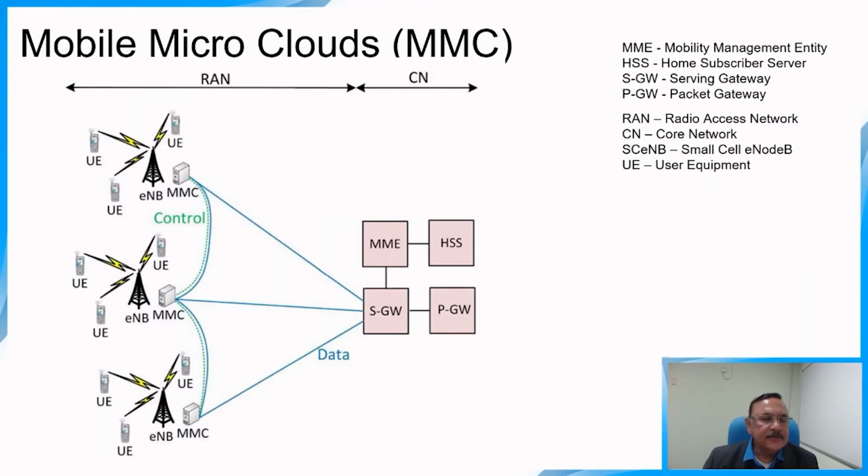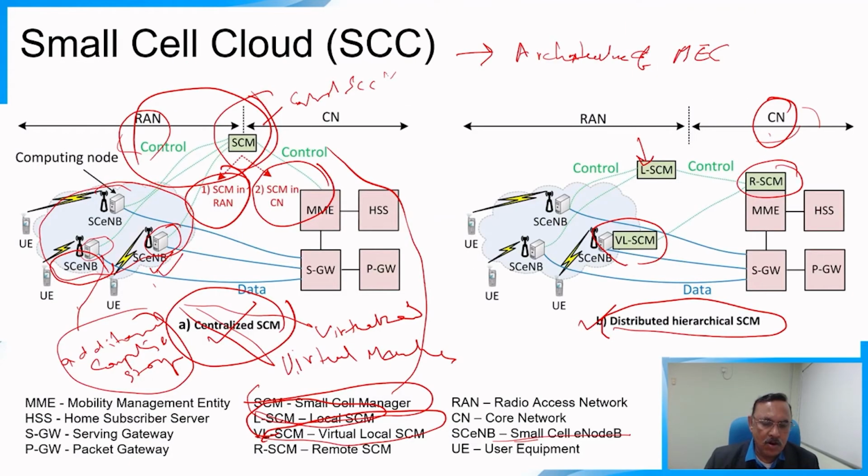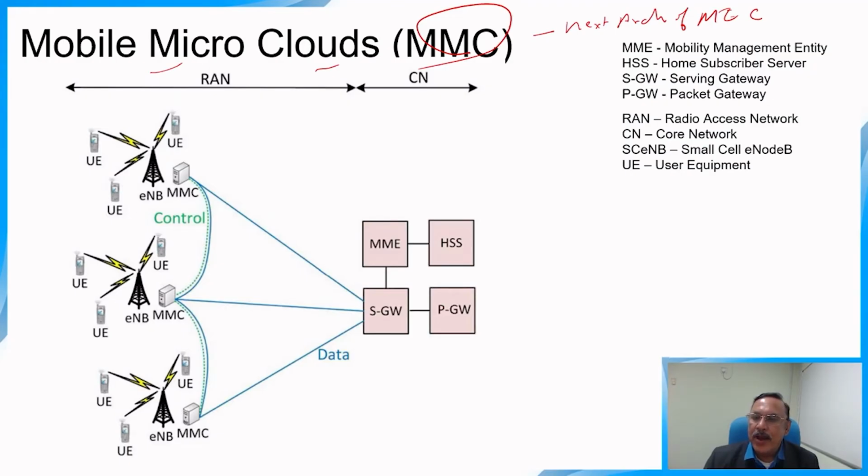Now, coming to the next type of architecture for MEC. It is called mobile micro cloud, MMC. So, like SCC, small cell cloud, the mobile micro clouds or MMC allow the users to have instantaneous access to the cloud services with low latency.